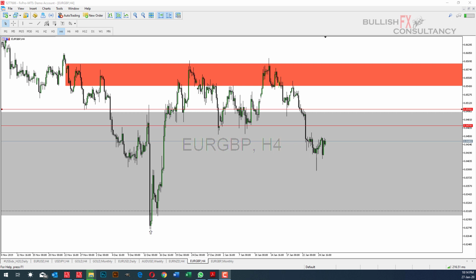That's why I chose this pair for you guys to see, okay, this is what we are going to be looking out for. So now you can clearly see the 0.85 price zone, which comes in also between 0.84700. It's in this area, guys. This is the area you need to be looking out for short entries to the downside.